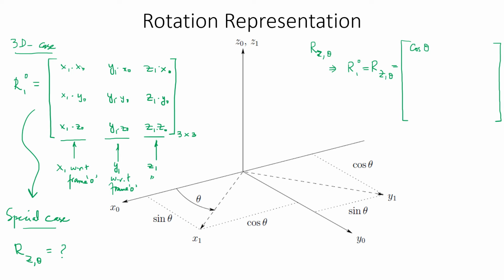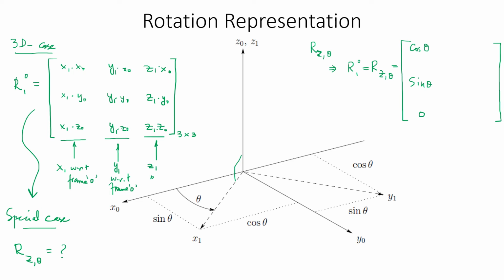So you can write that one down over here, sine of theta. And then the last one, x1 dot z naught. This is x1 and this is z naught, and obviously you can see that you have 90 degrees between the two. A dot product between two vectors which are 90 degrees apart is obviously going to be equal to 0. So I'm going to write down 0 over here.